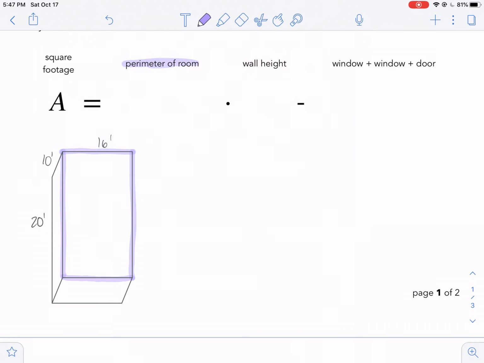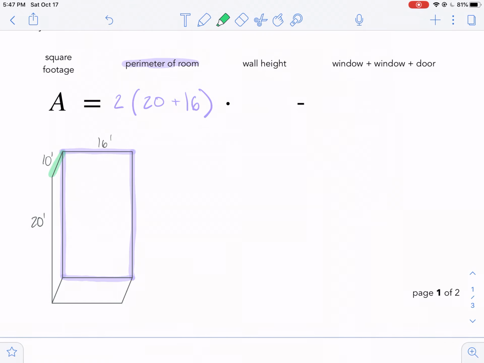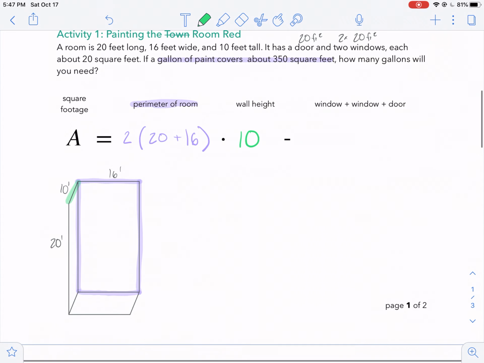So it's going to be twice the length plus the width. So it's twice the length plus width, which is 20 plus 16, times the wall height. Well, how tall is our wall? Our wall is 10 feet tall. So that'd be times 10. And then we need to subtract the area of the windows and the doors.